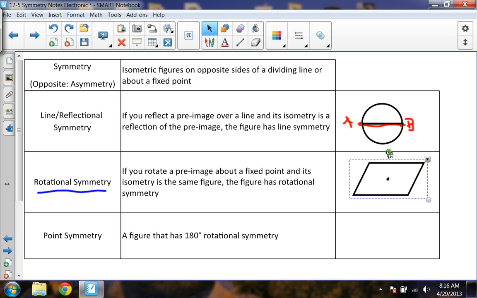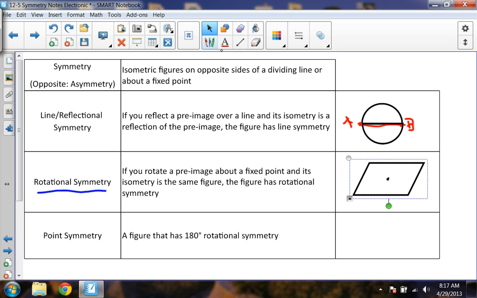The other way I wanted to put it is if I had this pre-image right here and made another image here by rotating it about that point. You can see that this image is the same as this image right here, and you have to say how many degrees of rotation that is. Watch where this green part goes. This is 90 degrees right here, this is 180 degrees right here, so it has rotational symmetry of 180 degrees.